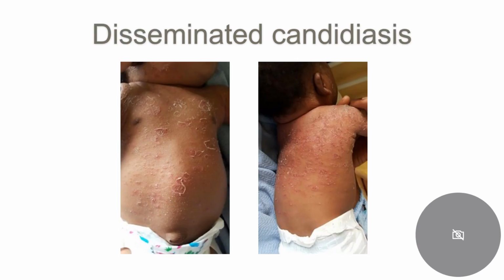Disseminated candidiasis happens when you have a fulminant candida infection that is spreading through the blood hematogenously, and this can be life-threatening.